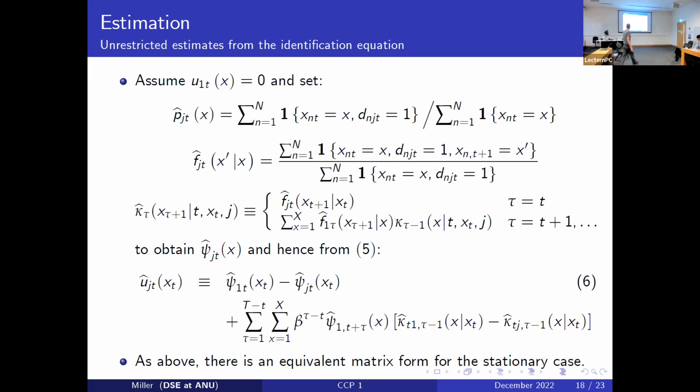Then you get this formula out. Okay, here it is. That is the maximum likelihood estimator because it's an exactly identified model. You've got as many CCPs as you have conditional value functions as you have primitive utilities once you've normalized in the appropriate way.